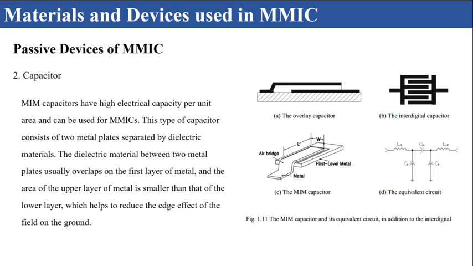The dielectric material between the two metal plates usually overlaps the first layer of metal, and the area of the upper layer of metal is smaller than that of the lower layer, which helps to reduce the edge effect of the field on the ground.